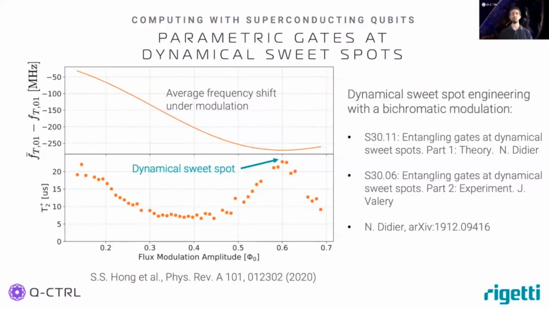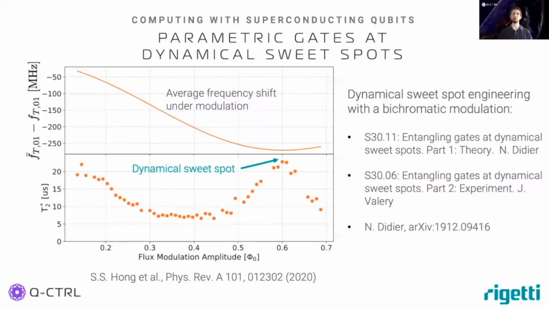In the top plot, the average transmon qubit frequency shift induced by modulation is shown, and the turning point can be observed where the flux modulation amplitude is at 0.6 on the x-axis. The frequency shift is first-order insensitive to flux amplitude changes at the turning point, giving rise to the gate insensitivity.